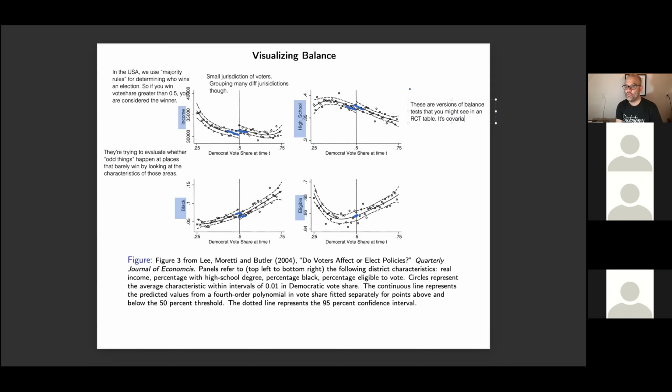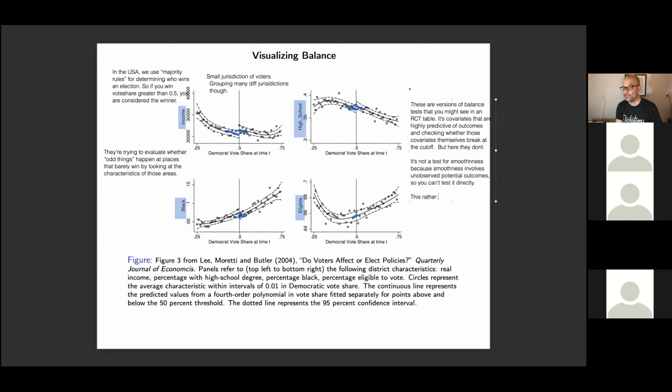It's covariates that are highly predictive of outcomes and checking whether those covariates themselves break at the cutoff. But here, they don't. It's not a test for smoothness, because smoothness involves unobserved potential outcomes, so you can't test it directly.